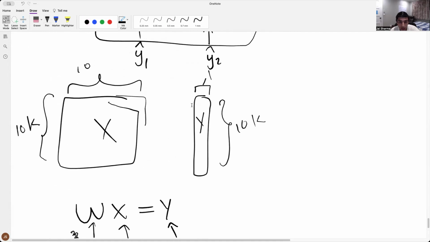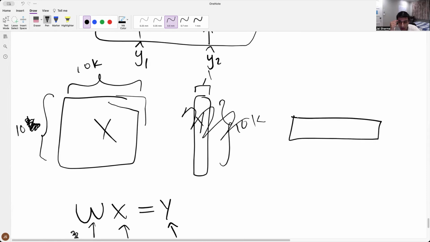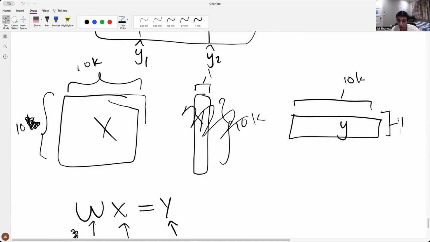if we store everything in, these examples are actually stored in rows, let's store them in columns. So this would actually not be 10K over here. It would be just 10 here, and it would be 10K on this side. And this would not be like this. It would be more like this. So this is Y, and each column corresponds to one of the 10,000 examples, and there's only one row because there's only one possible output.